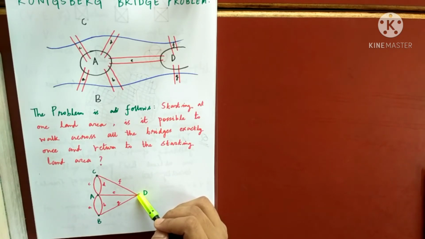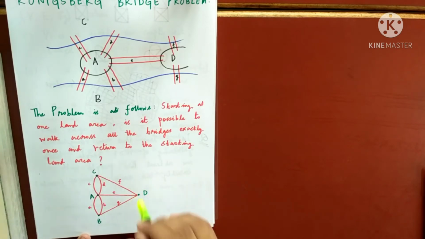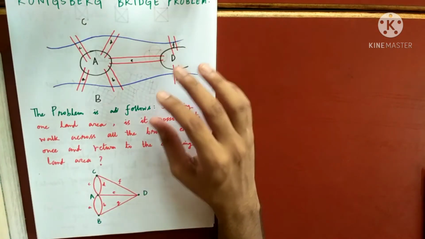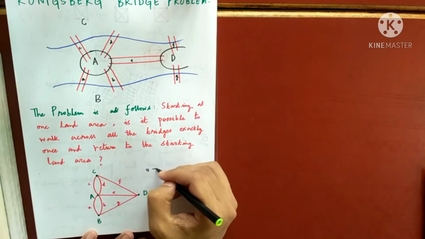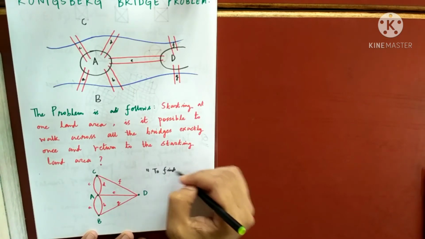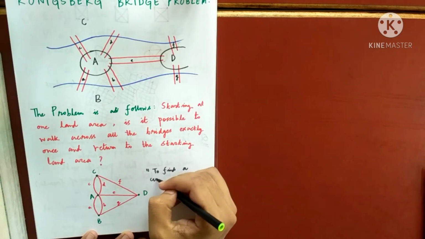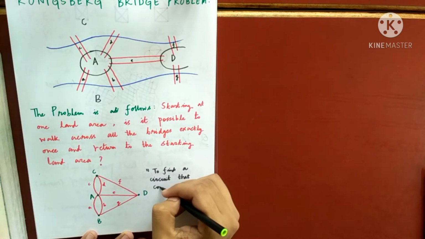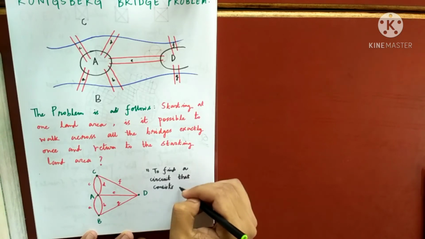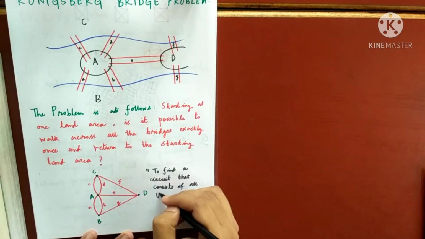So now the question is, you have to find a closed trail consisting of all the edges of this graph. Did you get my point? So what is the Königsberg bridge problem reduced to in terms of graph theory? The question is now to find a circuit that consists of all the edges.